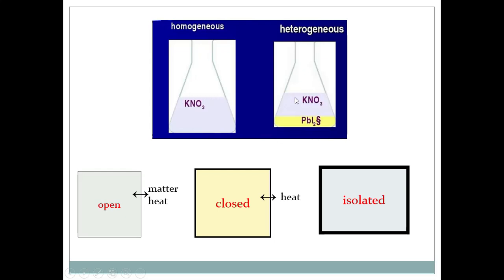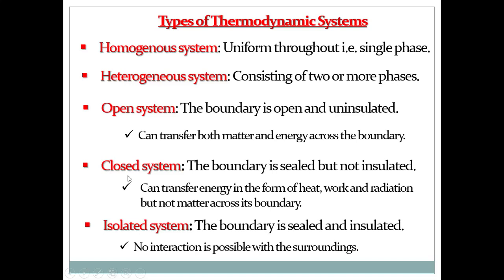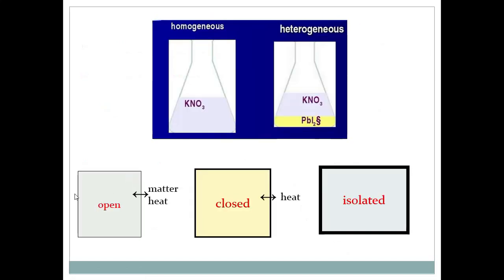But when you add something like lead iodide and then potassium nitrate and they form two different layers, it will be a heterogeneous system because there are two different layers. When we come to the types of systems, we have what we call an open system. In an open system, we said both matter and energy can cross the boundary.